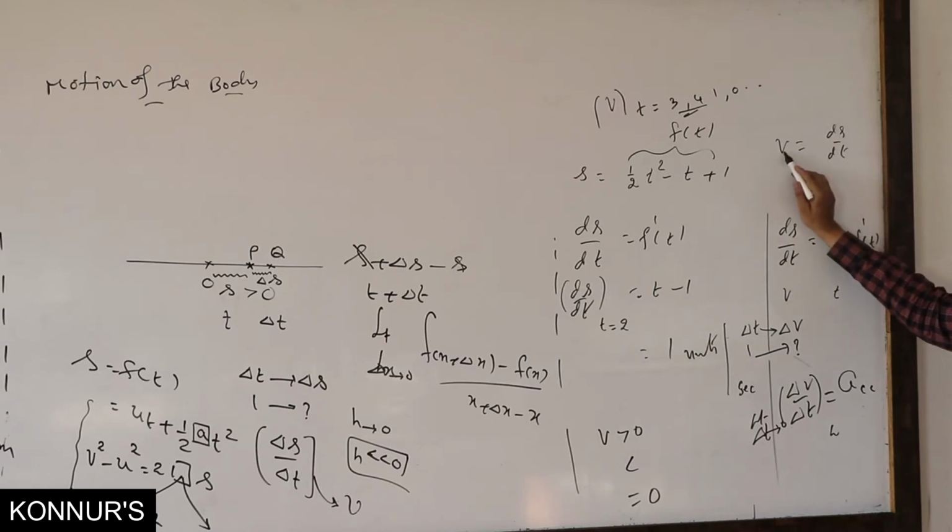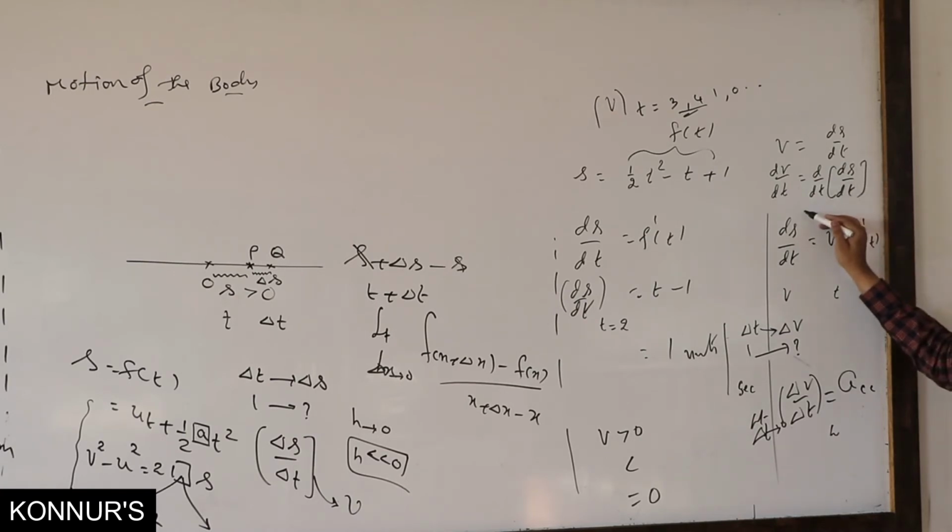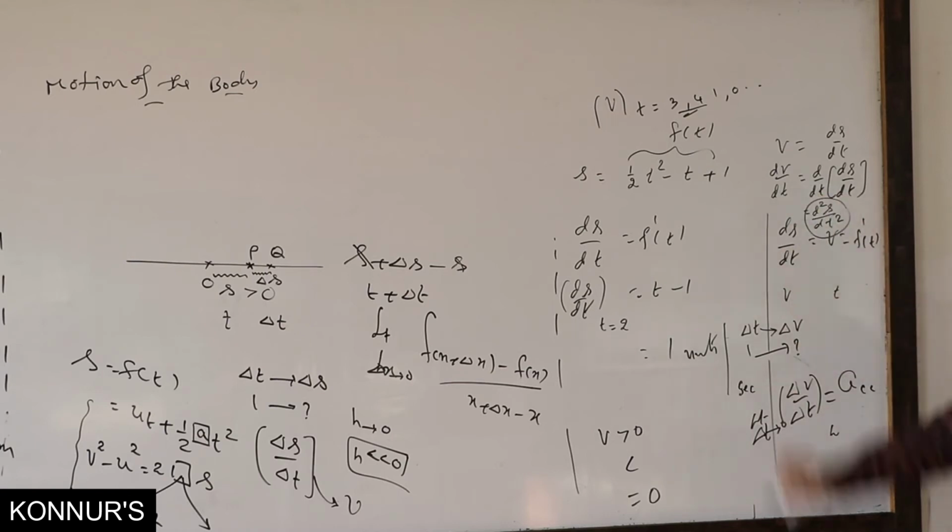Differentiate velocity with respect to time: dv by dt is equal to d by dt of ds by dt. Derivative of derivative, second derivative, second-order derivative. That is the reason we write second-order derivative here. Higher-order derivatives.